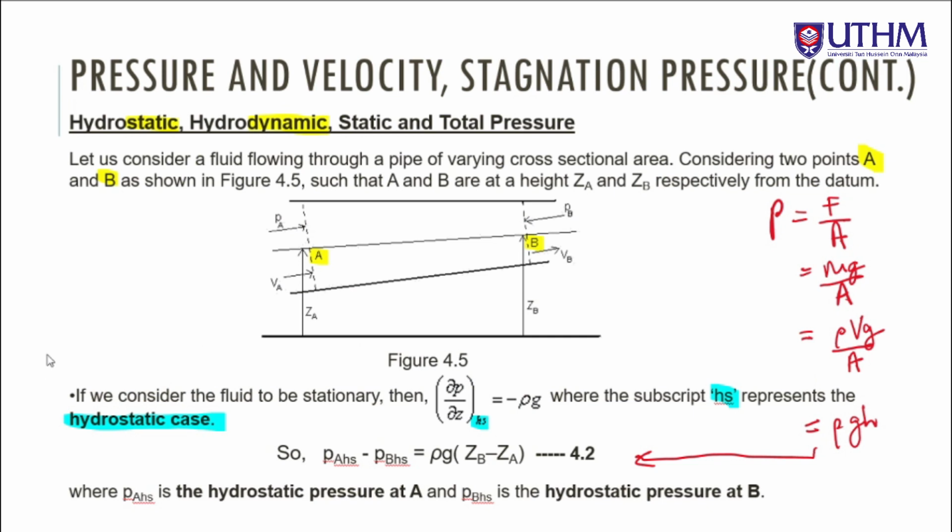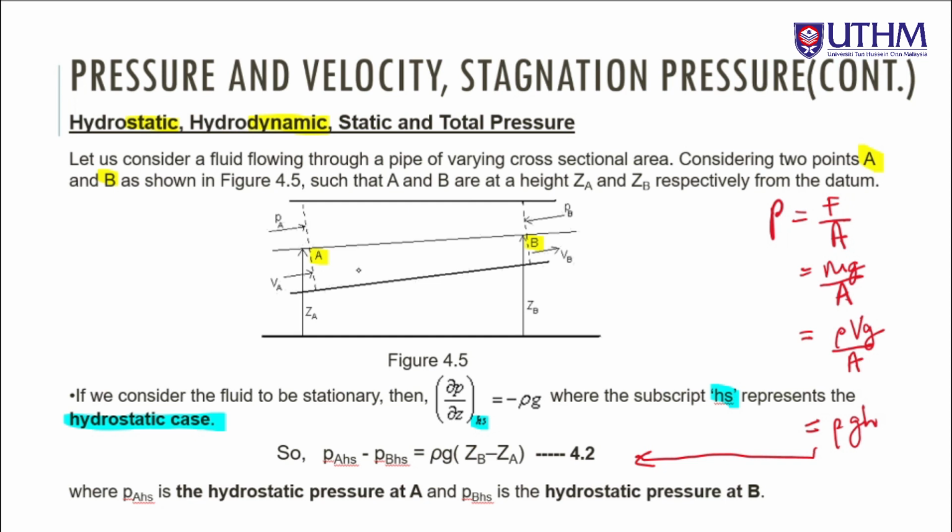and then the concept of hydrodynamic, static and total pressure. So this is an example given for us to better understand the existence of this static and dynamic pressure, or hydrostatic and hydrodynamic pressure. So let us consider a fluid that is flowing through a pipe.